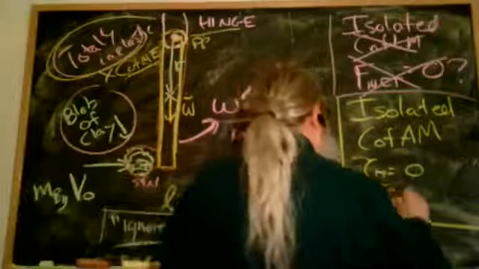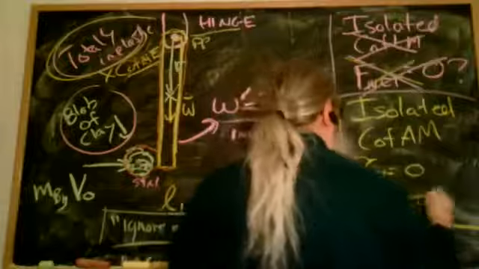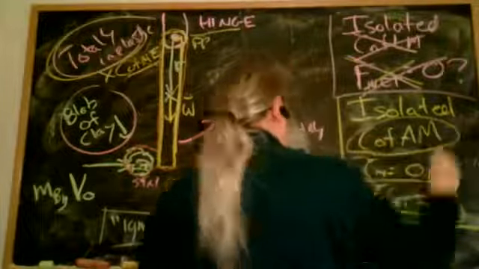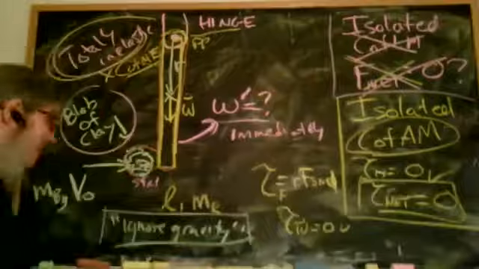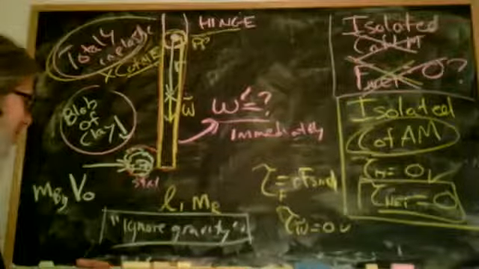So in this case, we can say that no, the system is not isolated for forces. The system is isolated for torques, and we can use conservation of angular momentum. Yay! We have a way out. We can solve this problem.